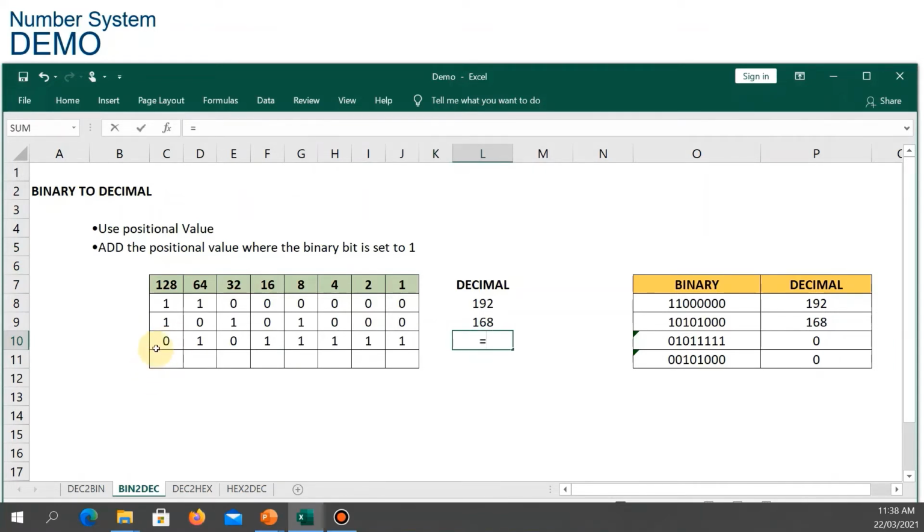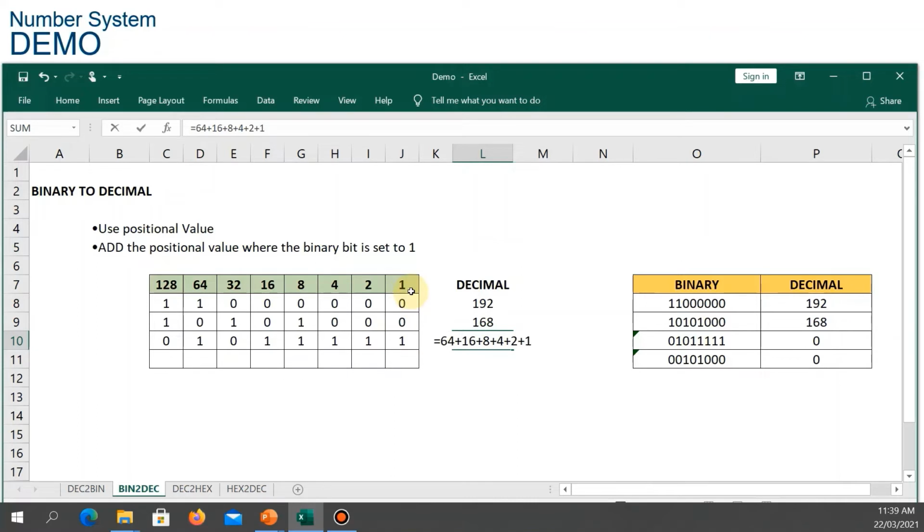Take note that 0 is on 128, so we just have to ignore it. 1 is on 64, so let's have 64 here, plus 1 for 16, plus another 1 for 8, plus 1 for 4, plus 1 for 2, and then plus 1 for 1.